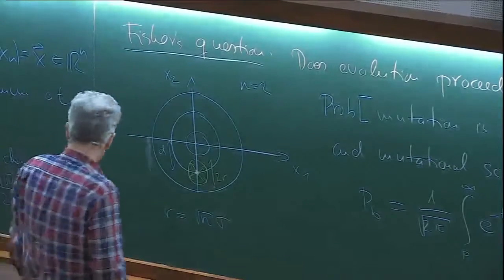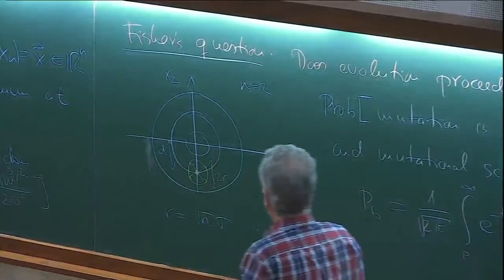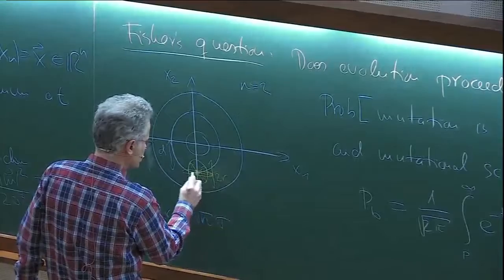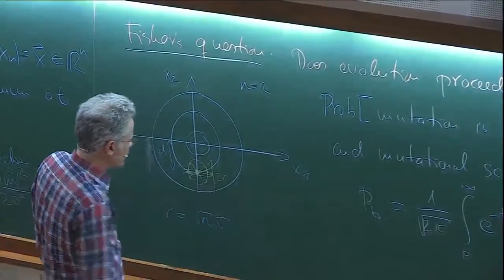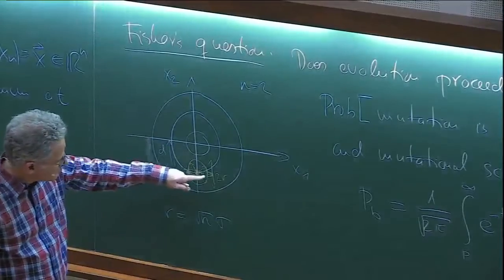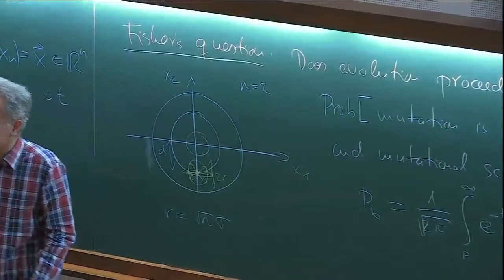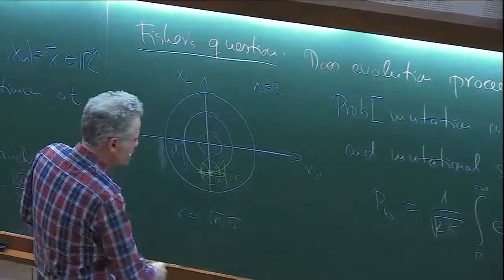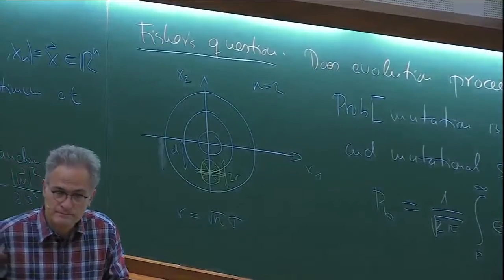So in high dimensions, essentially all of the random vectors will be pointing perpendicular to this direction. If you pick a random vector, most likely it will be pointing in this direction. And so this will always give you a deleterious mutation because of the curvature of the fitness isoclines, right? So it becomes more and more difficult to generate something that actually points in the direction where you want to go. Yep.